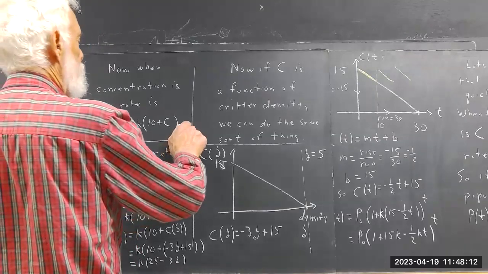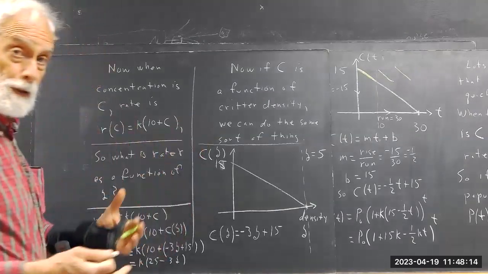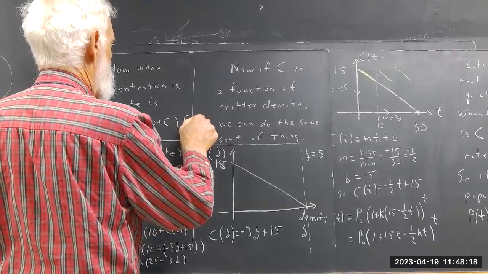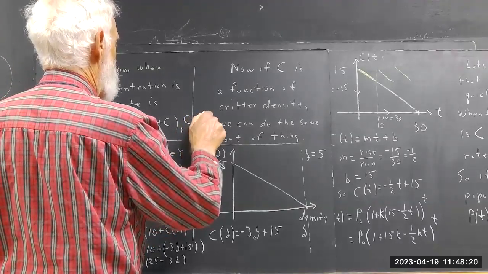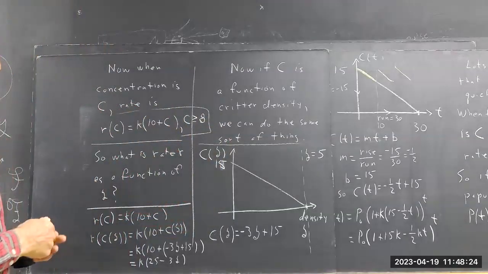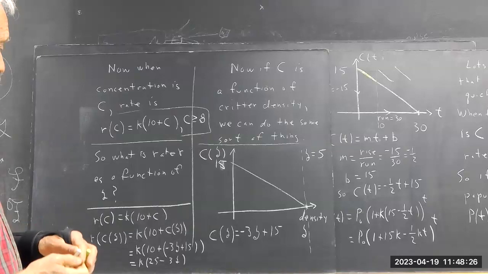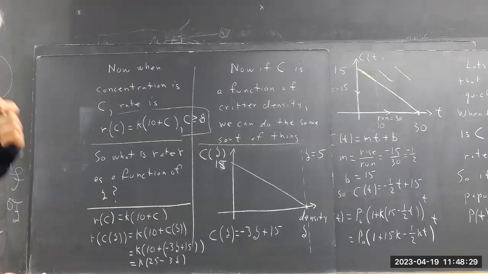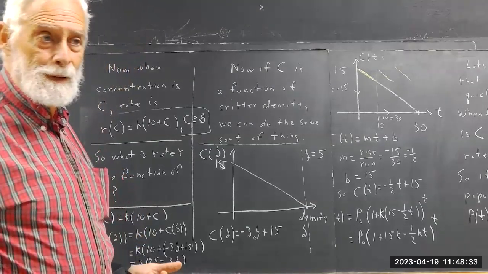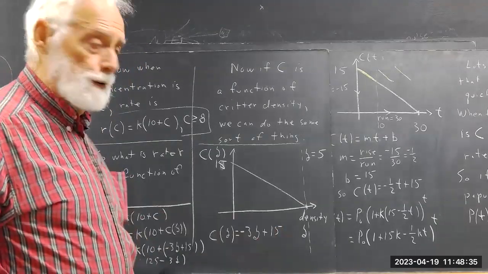So we put a domain restriction on this. The domain of this function now is C is greater than or equal to 8. Now, if C is greater than or equal to 8, what's your restriction on delta?